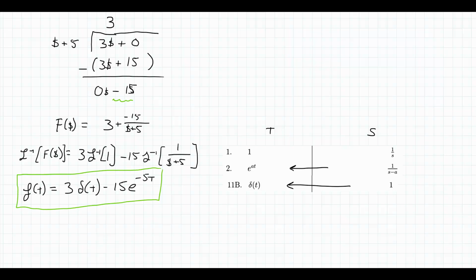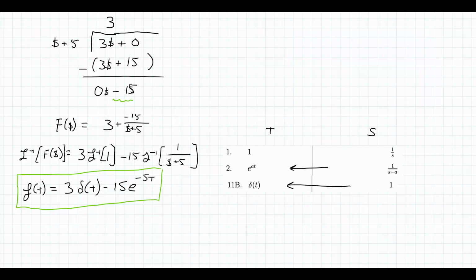And that is our complete closed form solution for our f of t. We have a Dirac delta part, and we have this decaying exponential part to it. We're going to see functions like this when we get into Unit 2, and we look at first order systems. We're going to look at fractions that look just like this, and we're going to be looking at their solutions.